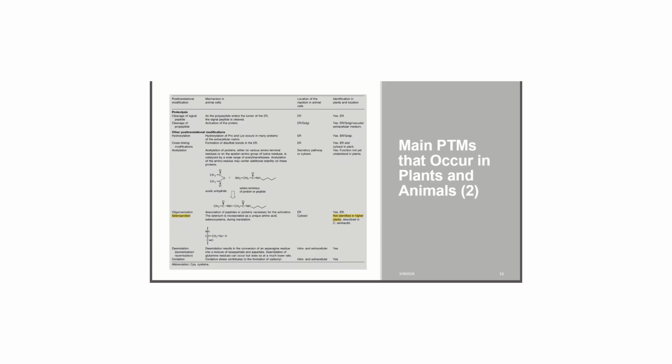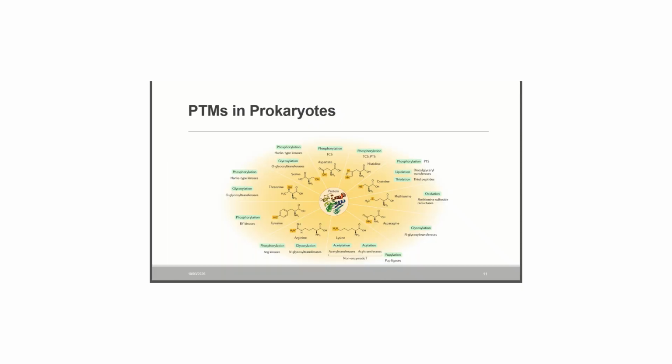So such tables are very helpful in planning your experiment if you want to move on with post translation modification analysis. The same thing in prokaryotes. There are different types of post translation modifications.